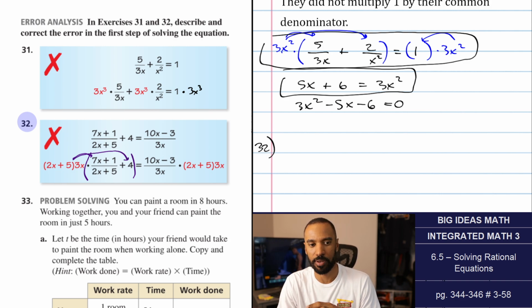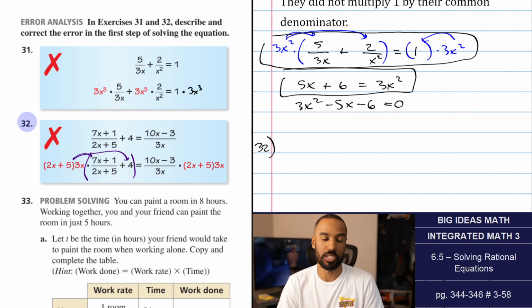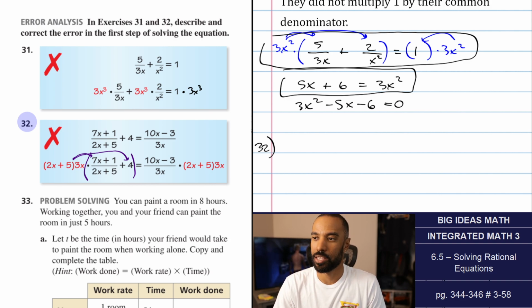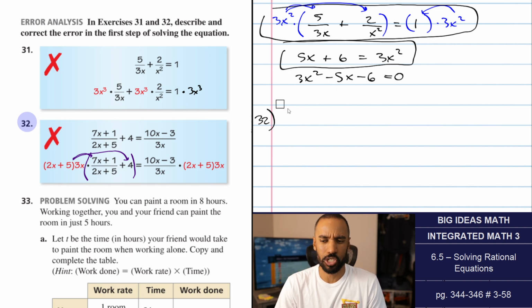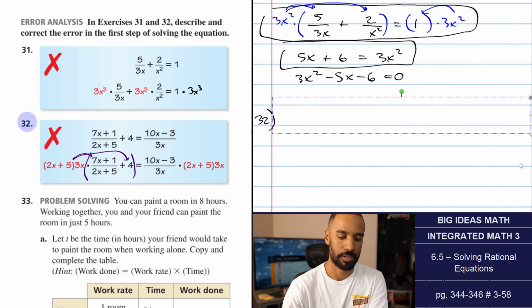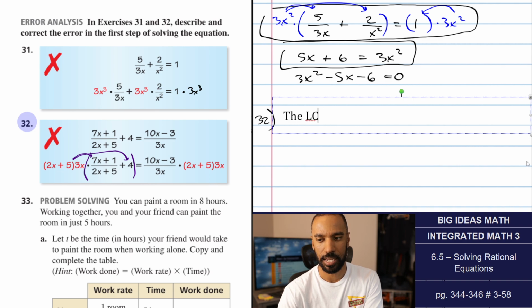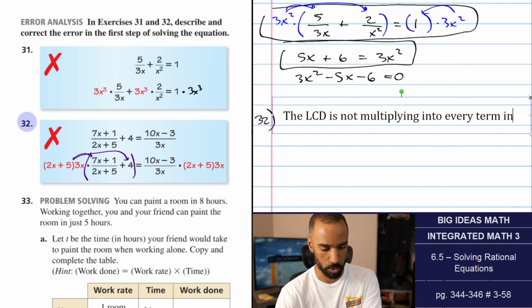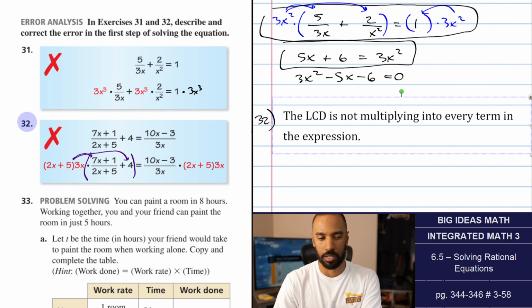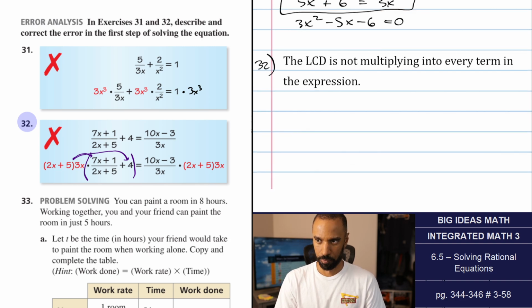But that 2x plus 5 times 3x, which is the least common denominator, by the way, is not multiplying into the 4. So it's not distributing into each term of the left expression. The LCD is not multiplying into every term. So it's kind of the same issue twice. This one is the least common denominator, though.